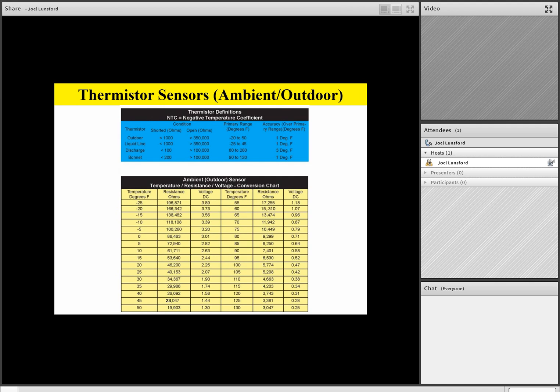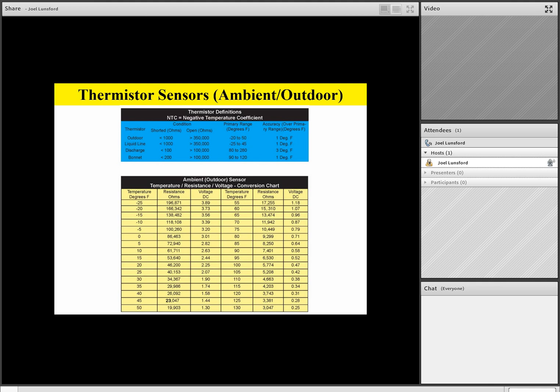Let's do another example. Let's say it's the middle of the summertime and it's a hot day and it's 100 degrees outside. Referring to the ambient sensor chart, I've measured 100 degrees and I remove the sensor from the board, I can take my ohm meter and my sensor should read 5,774 ohms at 100 degrees with it unplugged off the board.